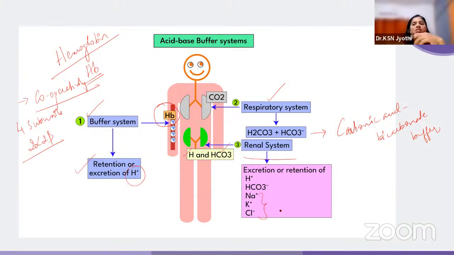The kidneys will receive a lot of other body fluids that will come for excretion, and a lot of other salts are also sent into the kidneys for excretion. So this ionic form of salts, carbonates, bicarbonates, H plus ions, the kidney has to take care of the excretion and retention of all these, which will also impact your acid-base balance inside the body.